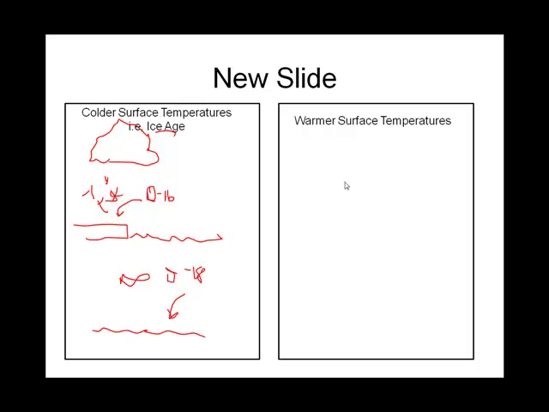And if we contrast that to if the surface temperatures are warmer, we still have an ice sheet. If the surface temperatures warm up, that ice sheet might be retreating. But here is the open water extending from that ice sheet. Of course, we have ocean underneath the ice sheet as well. Now our precipitation, when it falls as snow, since it's warmer, will have a fair bit of that less common oxygen 18.